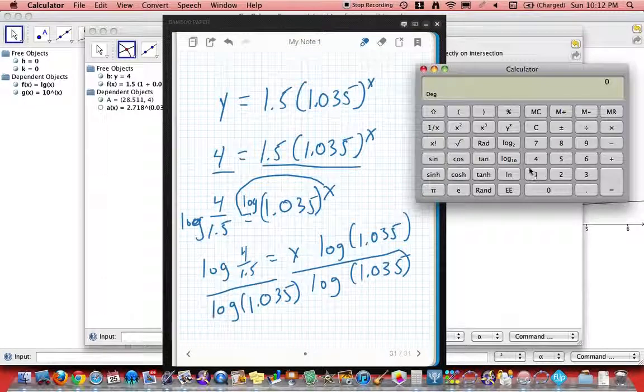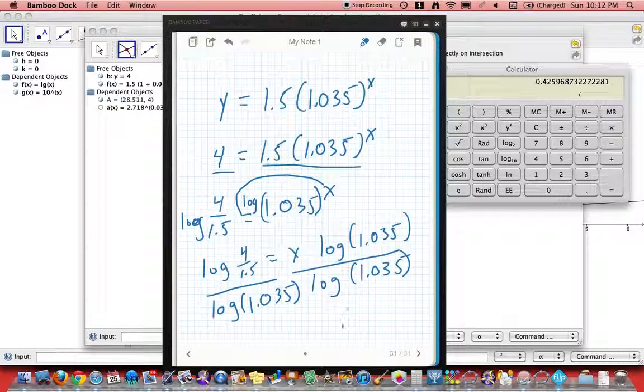So let's see if we can do that. We're going to say parentheses. This calculator's a little different than the ones you use in class, but we're going to take that division, and then take the common log of it, not the log base 2, which is unusual to find on a calculator. There's that. I'm going to write that down, 0.42596.